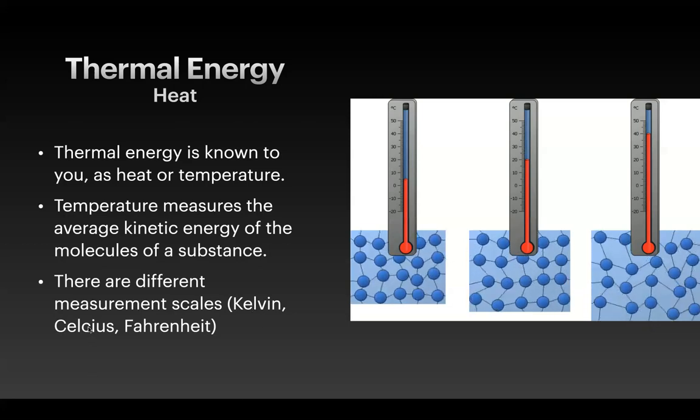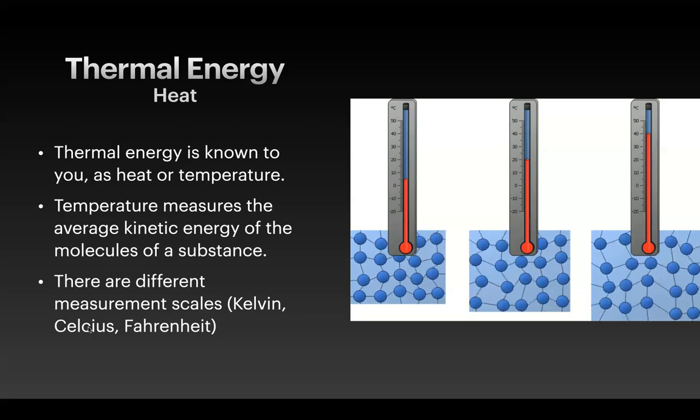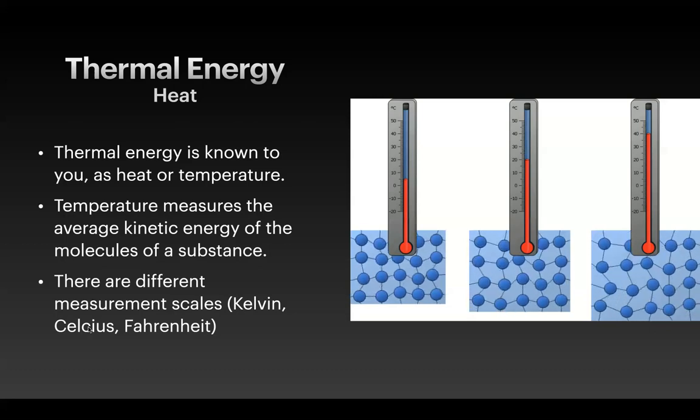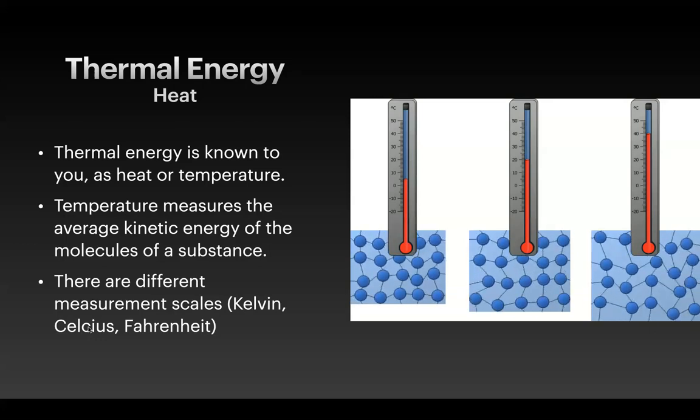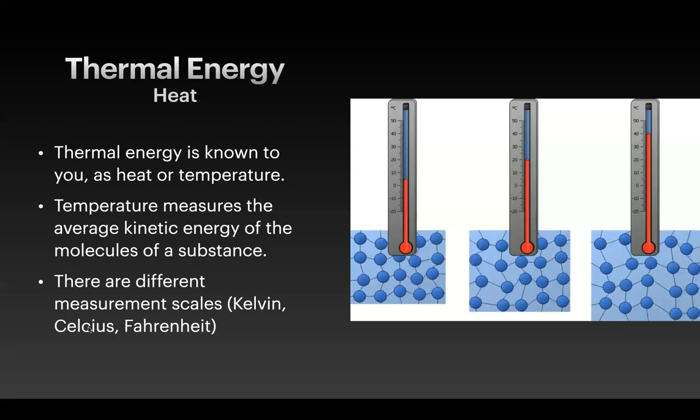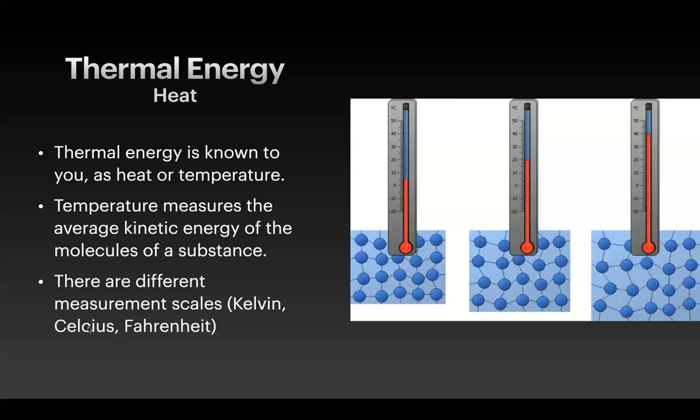Celsius is based on the boiling point and freezing point of water. So water freezes at 0 degrees and it boils at 100 degrees. And then when you look at Fahrenheit, well, Fahrenheit's weird.